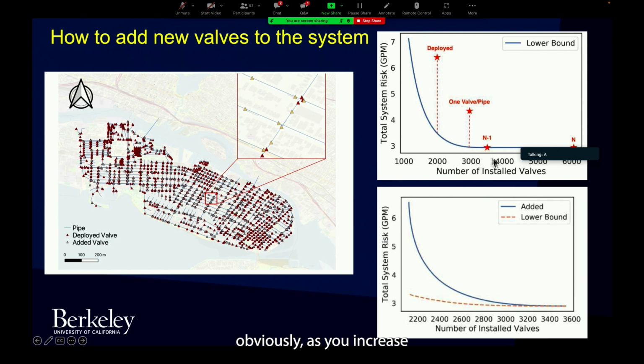Obviously, as you increase the number of valves, the system risk goes down. And for those who are looking at the valves, you know n and n-1. But the point here is that you're currently in this situation. So our thinking was, how do you start adding valves so that you can go down to reach this level, and how many additional valves you need to make this particular system more resilient to any pipeline breakage, so you can fix it.